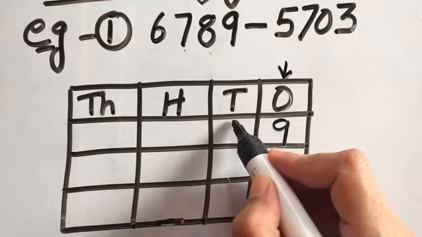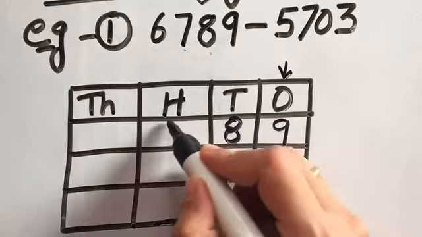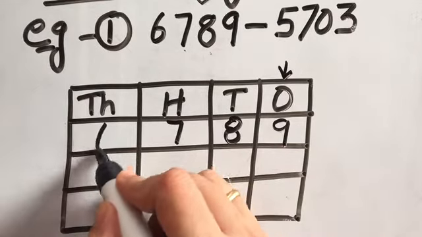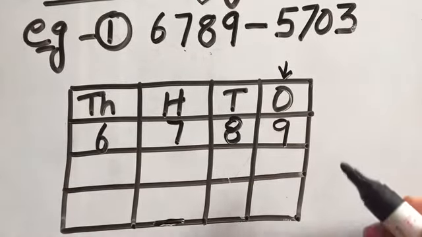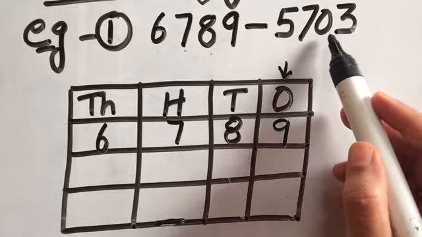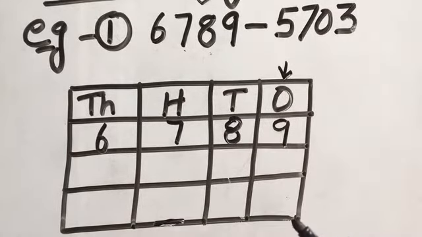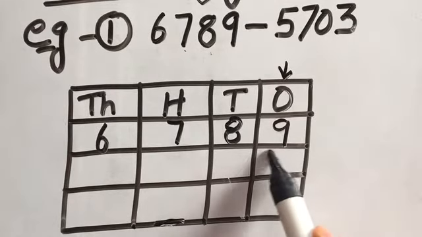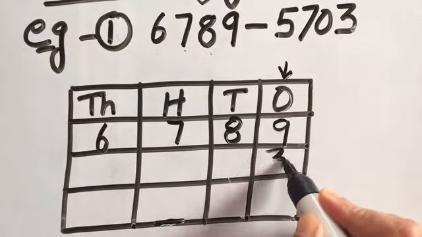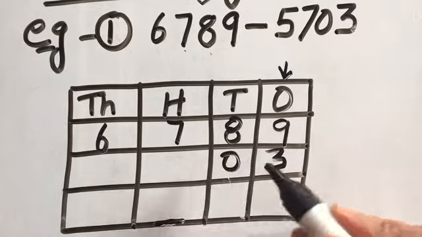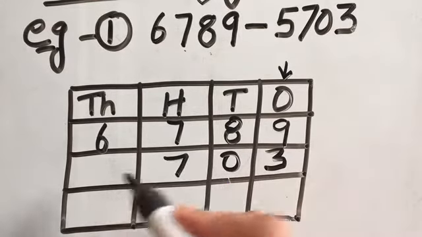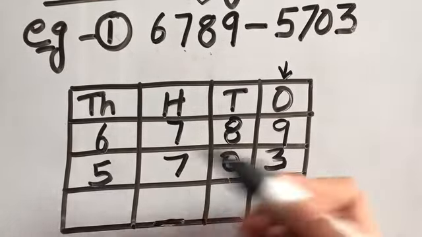So 9, 8, 7 and 6. Then we are going to write the second number, which is smaller number, and that again from the ones place. So it is 3, 0, 7 and 5. Fine.